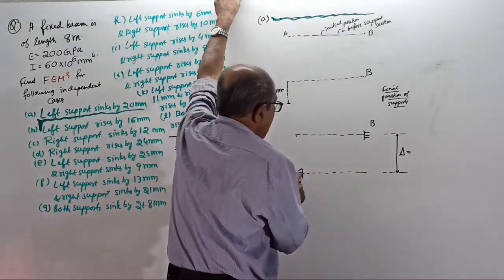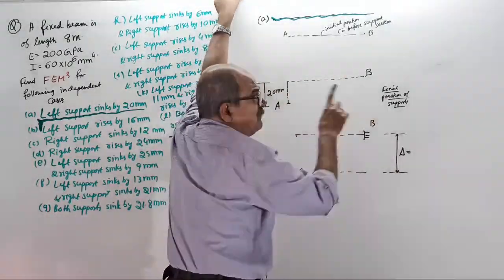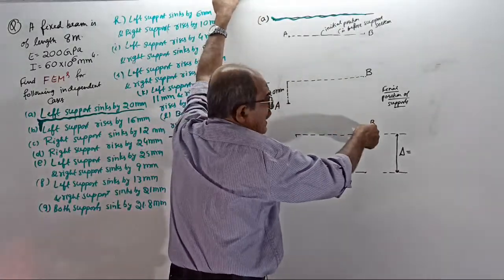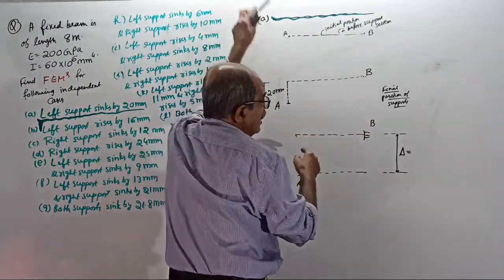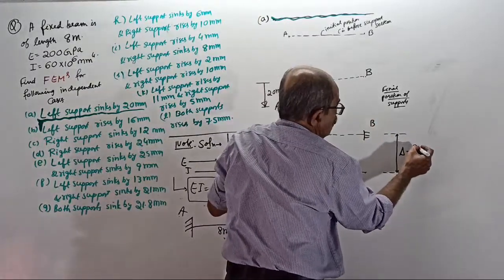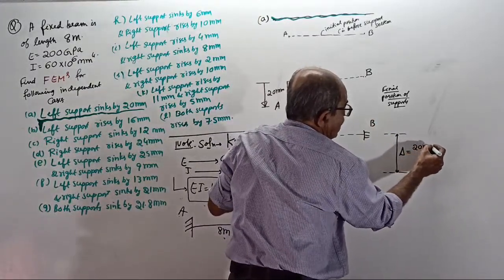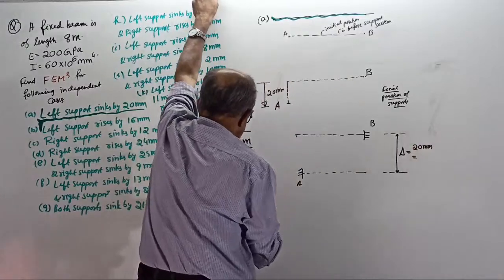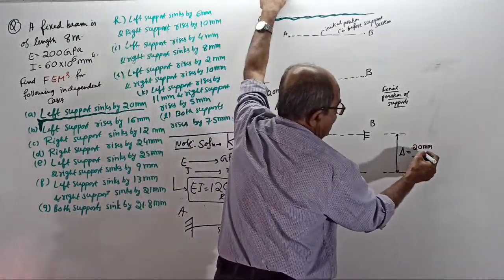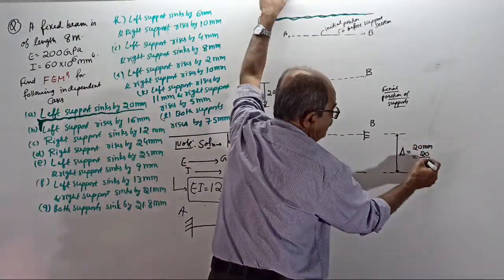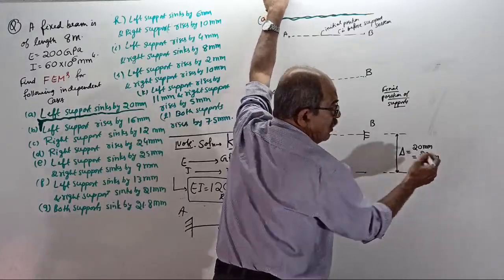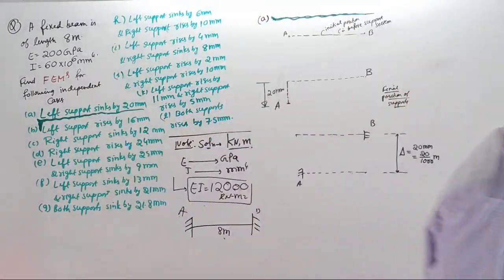With respect to A, how much is the displacement of B? Or with respect to B, how much is the displacement of A? Delta equal to 20 millimeter. But you are substituting in kilonewton and meter, so it is 20 by 1000 meter.